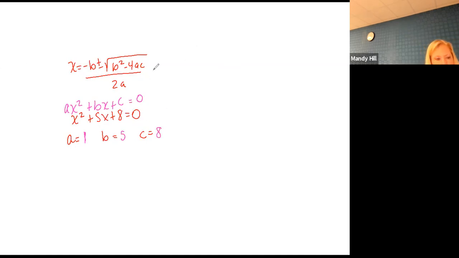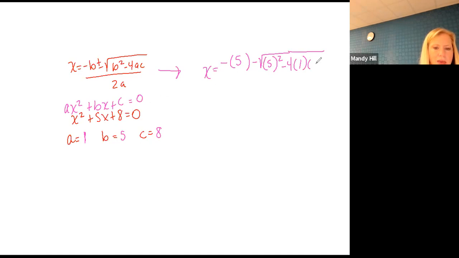Now we're going to go in and plug it in our formula that we have. So x is equal to negative. Then they want me to plug in a b. B is 5 minus, this time we're squaring b, so 5 squared minus 4 times a, which is 1, times c, which is 8, all over 2 times a, which is 1.